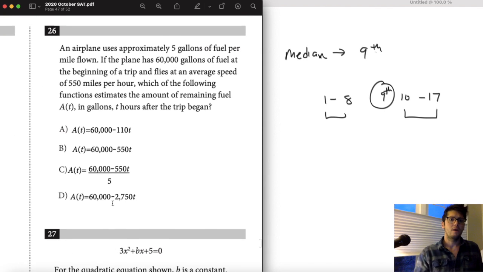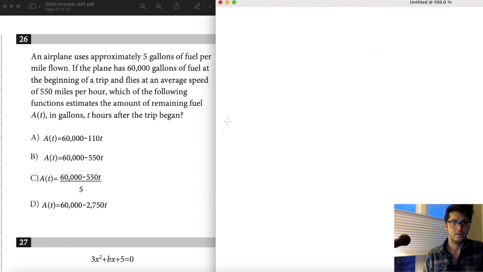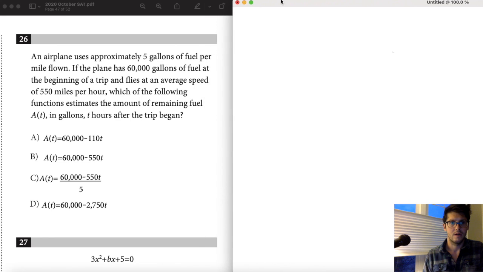Okay, big long word problem. Start with the last sentence in number 26. Okay, the last sentence is most of it. So look, if I'm gonna have to read all this junk, I'm going to pull stuff out as I go. 60,000 gallons at the beginning.